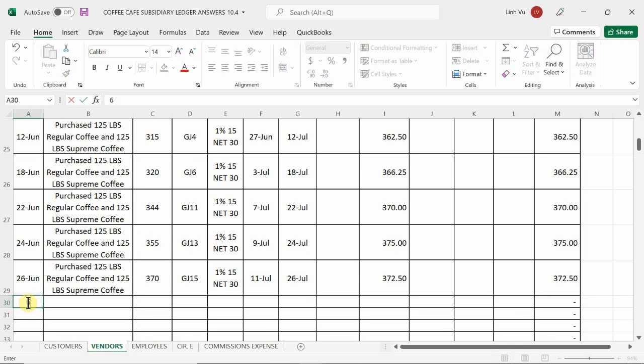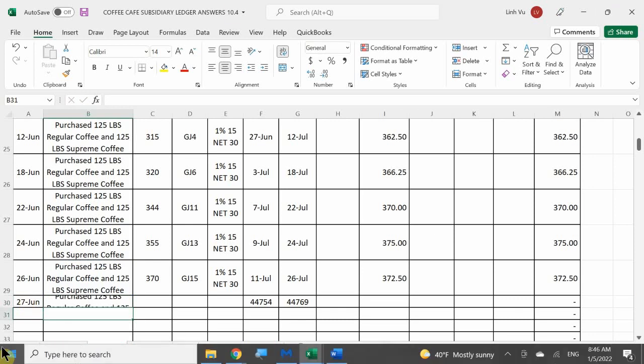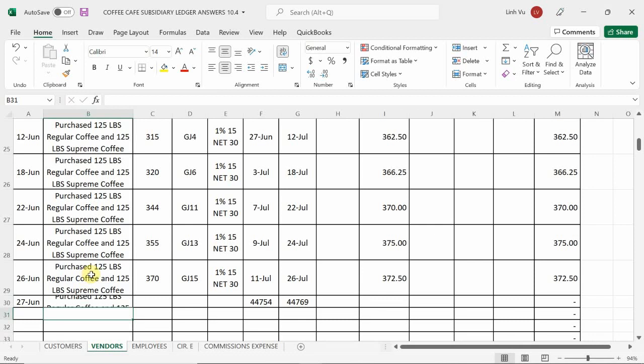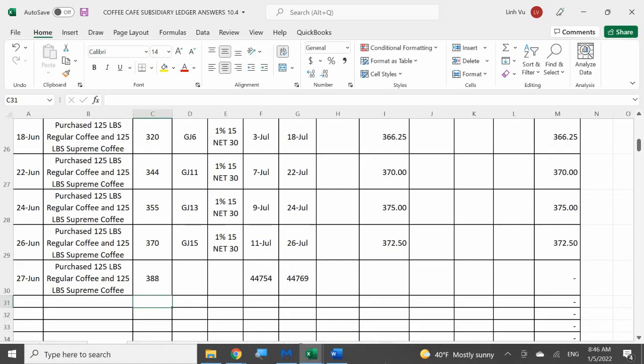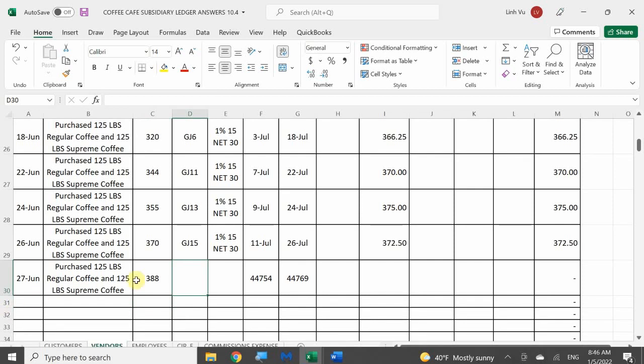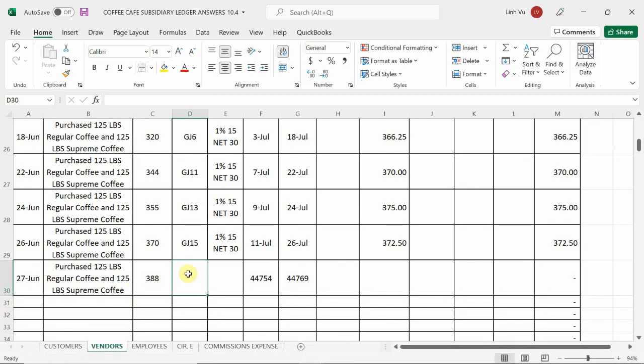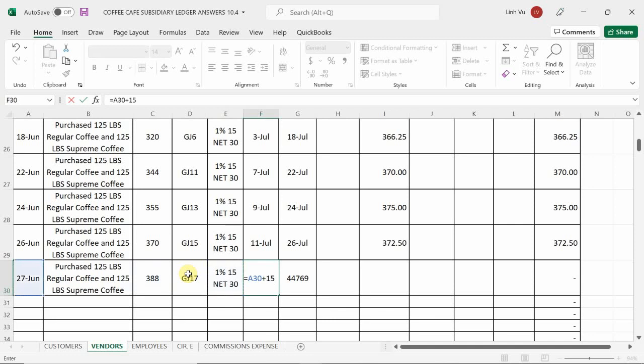We have Atlas Coffee Importers: 125 pounds of regular coffee and 125 pounds of Supreme coffee. General 17 with a 1% 15 net 30. So when is the discount due date?